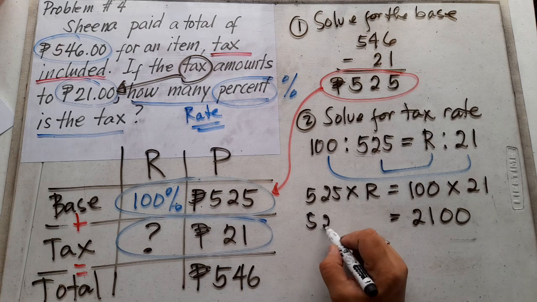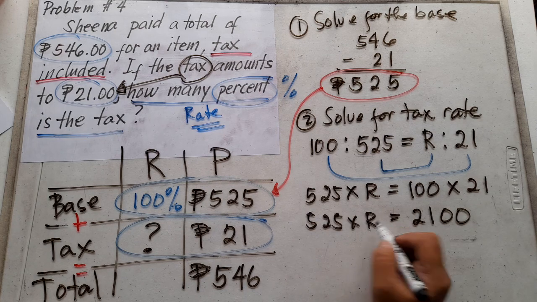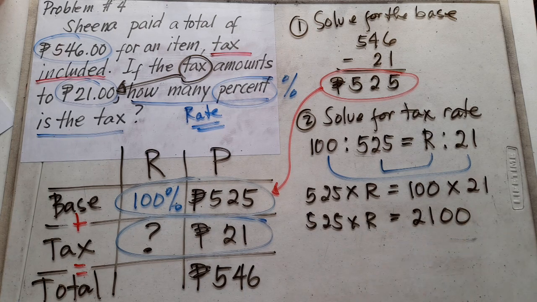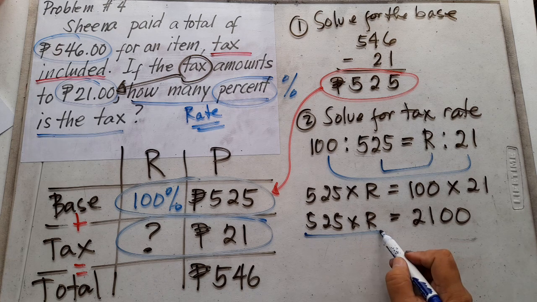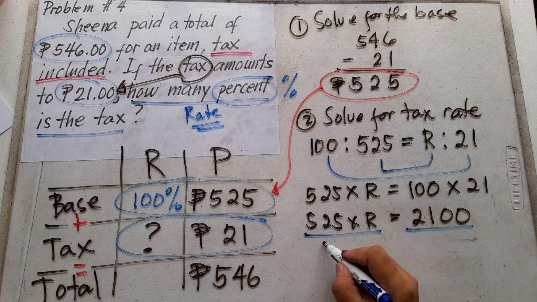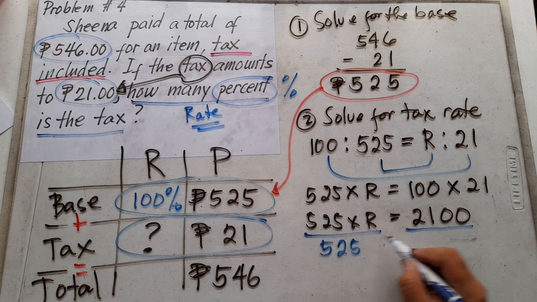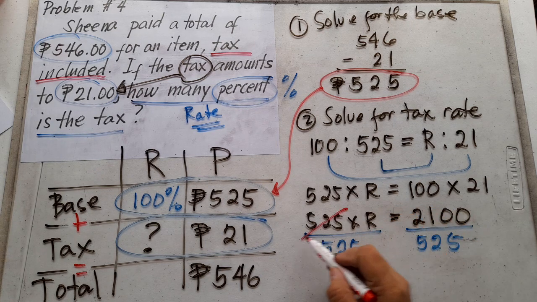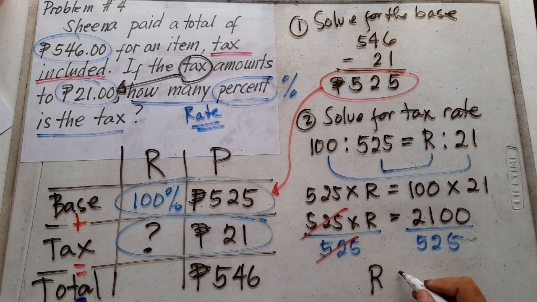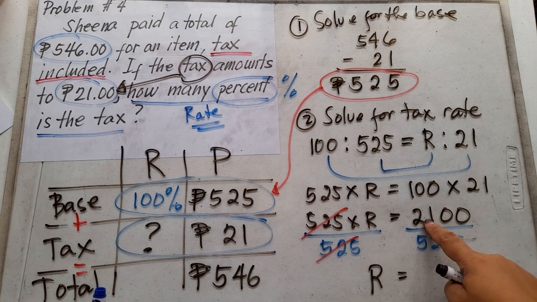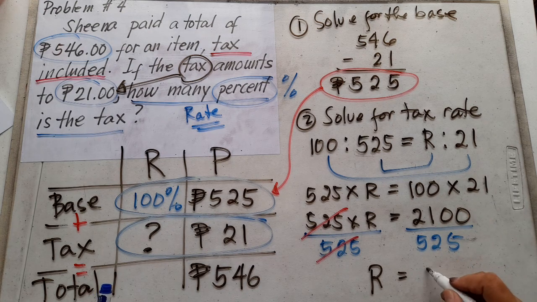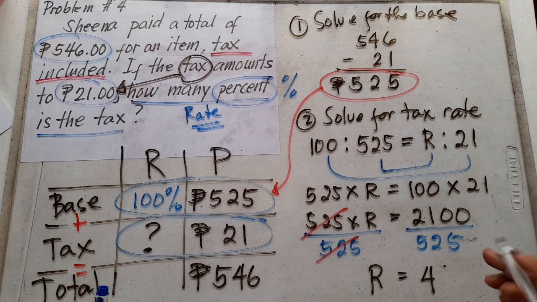So, 525 times R is equal to 2,100. We divide both sides by 525. We cancel this out. That's equivalent to 1, leaving us with R. And R is 2,100 divided by 525. That is 4.